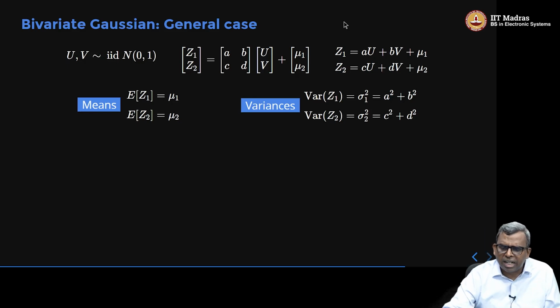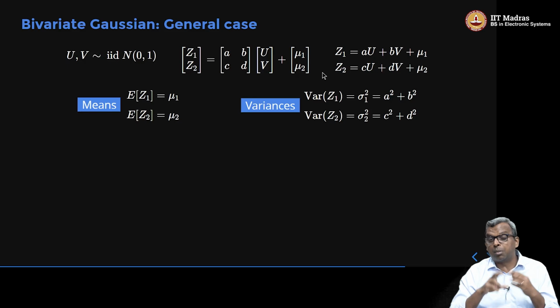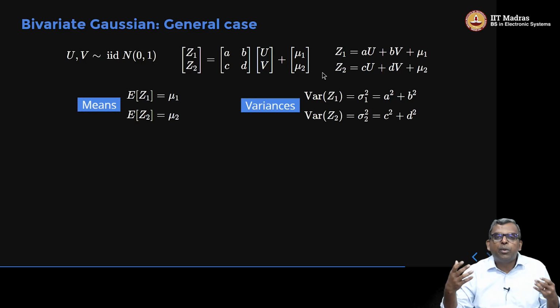How do you study these guys? Remember the important lesson: for jointly Gaussian random variables, means, variances, covariances are enough. If you study them, the entire distribution is a function of these quantities. That's a powerful property of jointly Gaussian distributions. So we have to only worry about mean, variance and covariance.